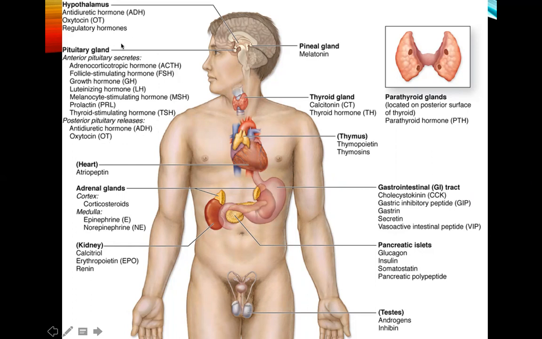Now, actually, the hypothalamus is not an endocrine organ, but it contributes a lot in producing hormones by the pituitary gland. The pineal gland, the thyroid, the parathyroid glands, adrenal glands. There are some hormones that are in the GI tract, the pancreatic islets, and the testes.